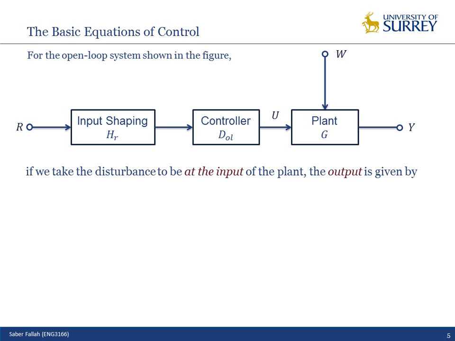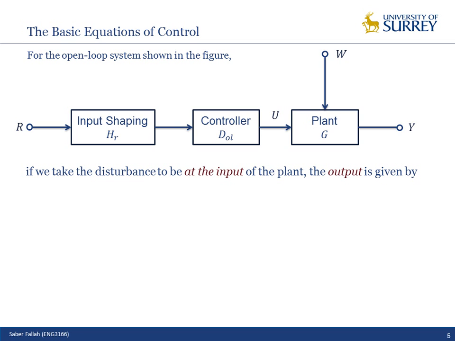So let's calculate the error for the system. Before that, we assume that we have a disturbance to the plant. Disturbance can be any signal, but it is an unwanted, undesirable signal to the system.